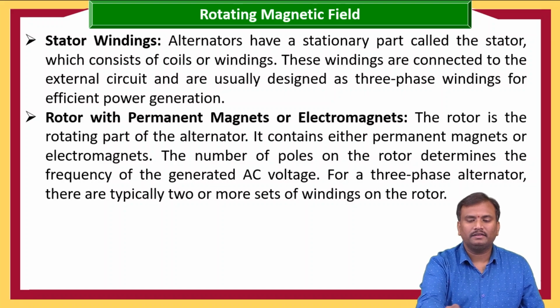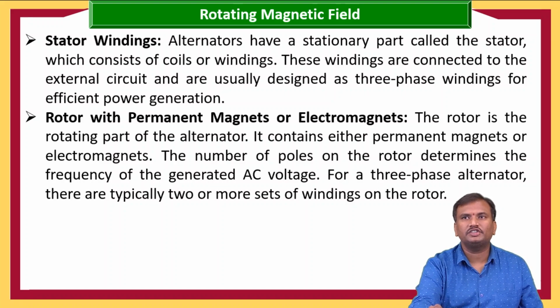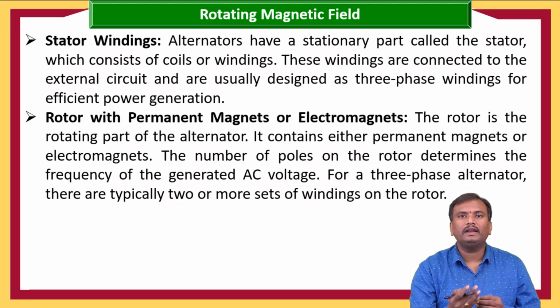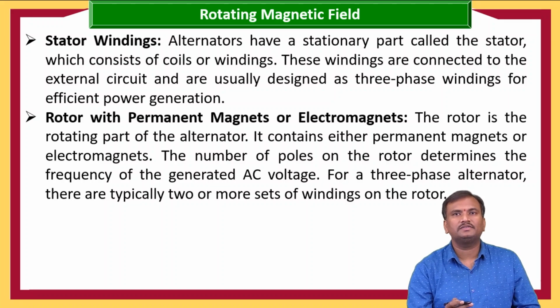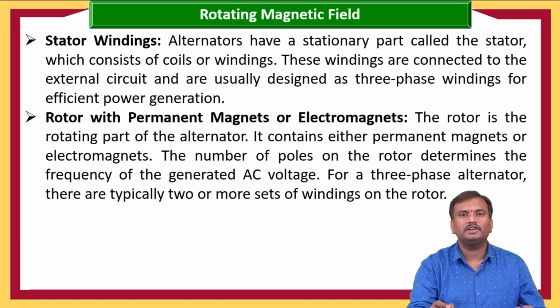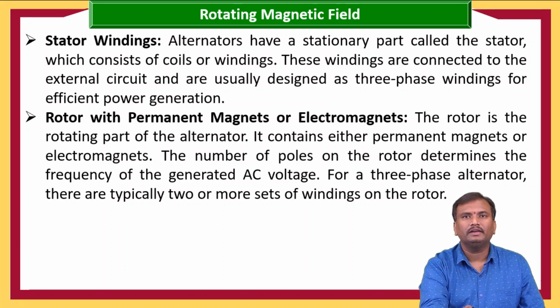Stator windings. The alternator has a stationary part called the stator, which consists of coils or windings. These windings are designed for generating a three-phase supply, so there are three-phase windings in order to generate efficient electrical power.